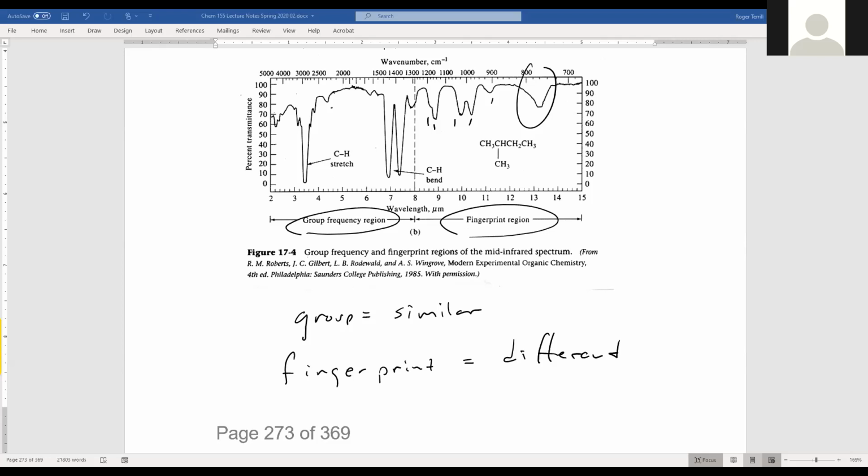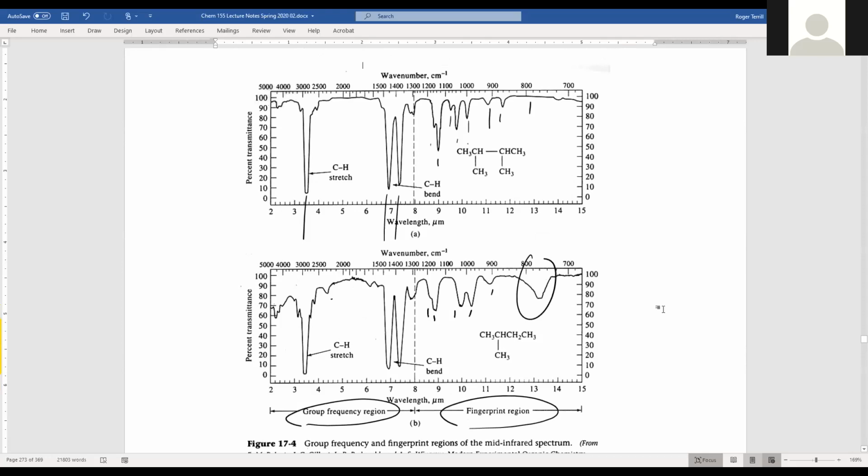And in that case, all these regions would be important, including the fingerprint region, so you would just try to match the entire spectrum. And you'd put it alongside other samples. Cool.